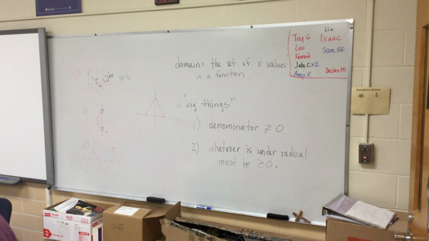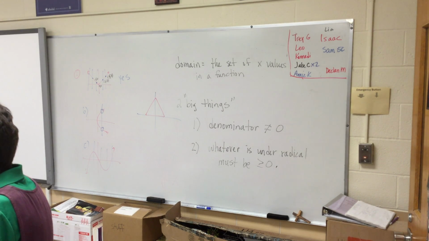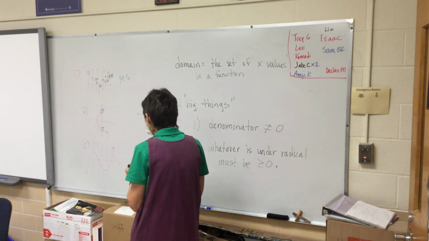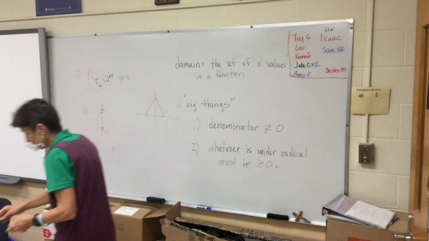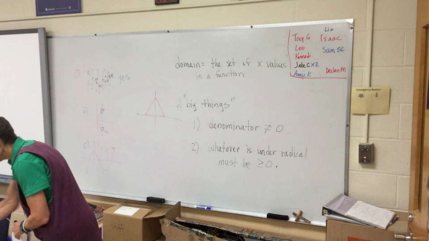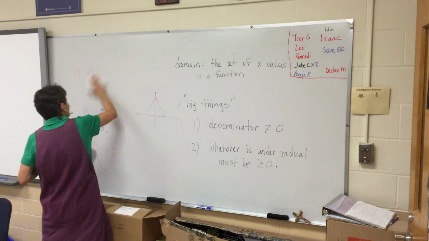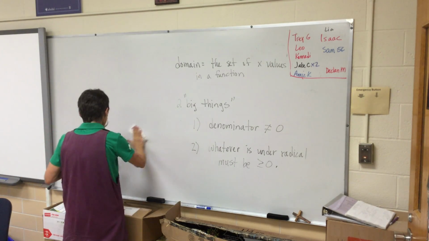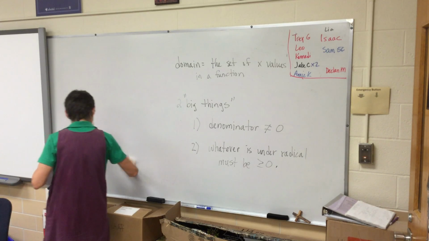Because what happens when you put something negative under a radical? You get an i. And we don't want to be imaginary. We want to be real here. So whatever's under our radical is going to be positive, and whatever's in our denominator is not going to be 0. All right, let's do some examples and see if we can figure this out. Don't overcomplicate it. It's really, really important, but it really is that easy. You think about those two things.